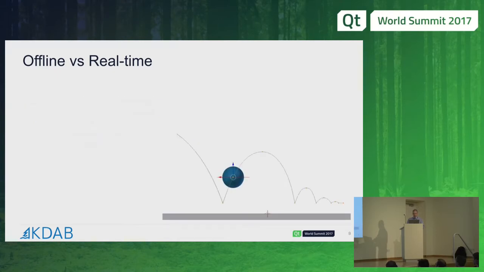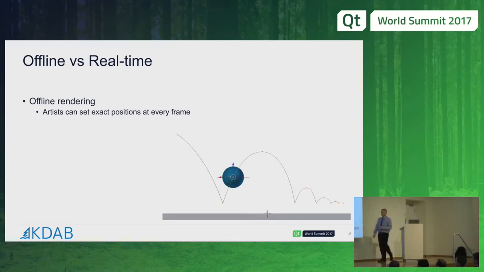Now, what does that mean in practice? Well, when we're offline rendering, the animator can use their tools and they can set the keyframes at specific points, exactly on the frame times. So for example, here we see these little yellow boxes. They're some of the keyframes that have been set, and the intermediate gaps in the lines are the actual keyframes for the intermediate frames. So that artist doesn't have to set them at every single frame.